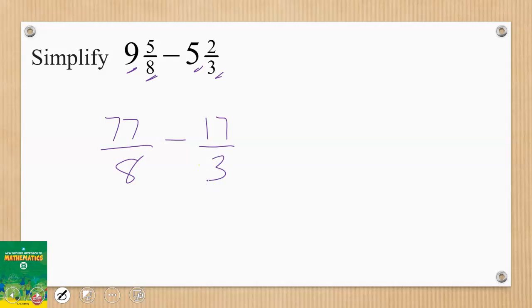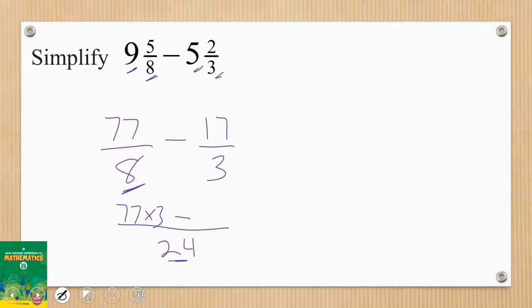Now we have to find the LCM of 8 and 3, and we know the LCM is going to give us 24, right? So we say 8 can divide 24 as 3, and 3 times 77, okay?